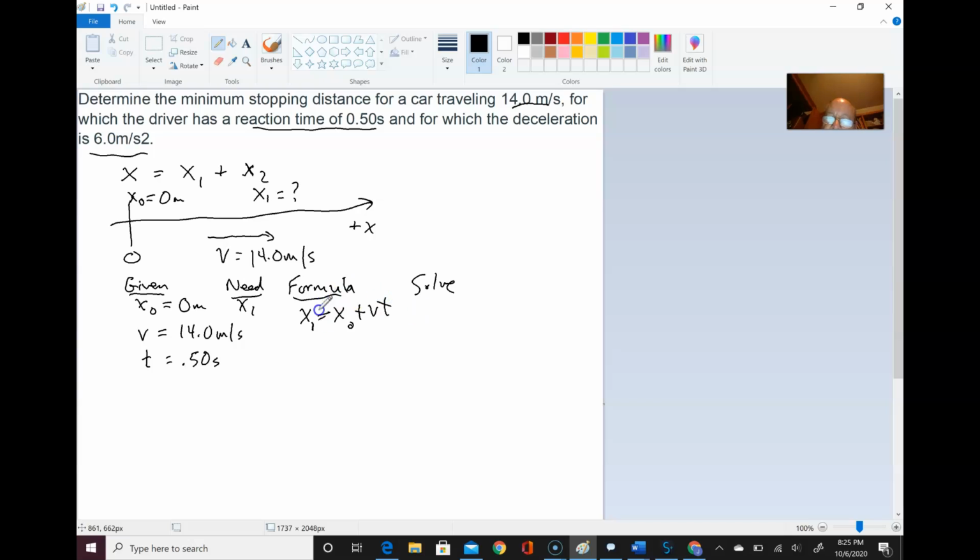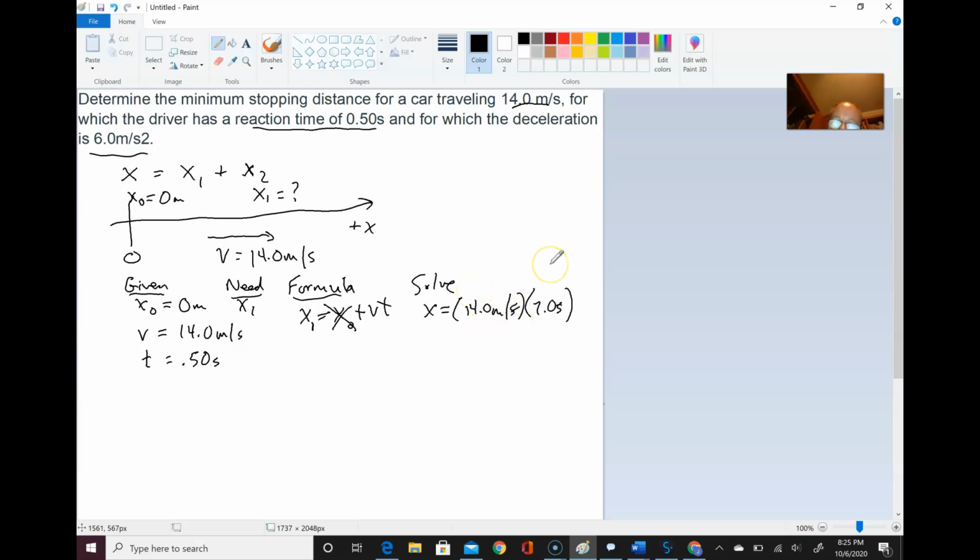All we have to do is plug the values in and solve. I don't have any value for x0, it's 0. I just need to plug in vt. So x equals 14.0 meters per second times 0.50 seconds. The seconds cancel out and I end up with meters.